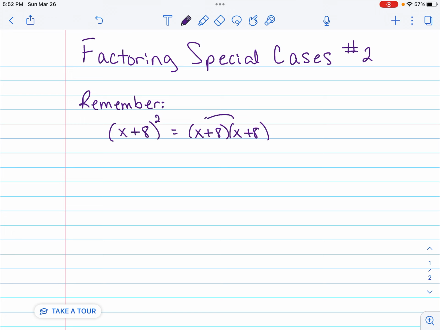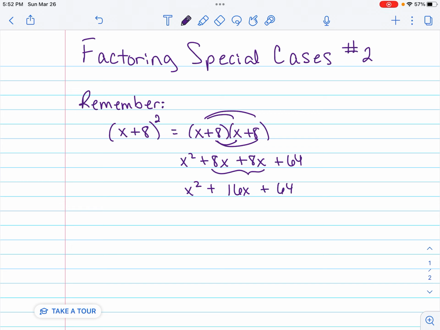If you were to multiply it out, you would get x squared plus 8x, and then you'd have another 8x, and then you would have 64. Then when you combine these like terms, they don't cancel out like before, they combine to be 16x. So you have x squared plus 16x plus 64.